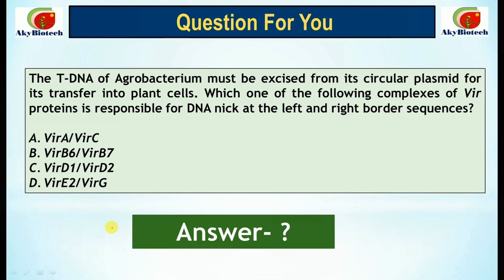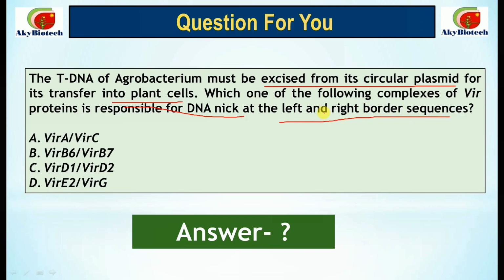The tDNA of Agrobacterium must be excised from its circular plasmid for its transfer into plant cells. Which one of the following complexes of Vir proteins is responsible for DNA nick at the left and the right border sequences?